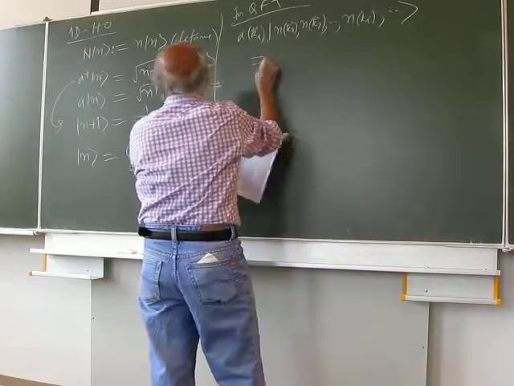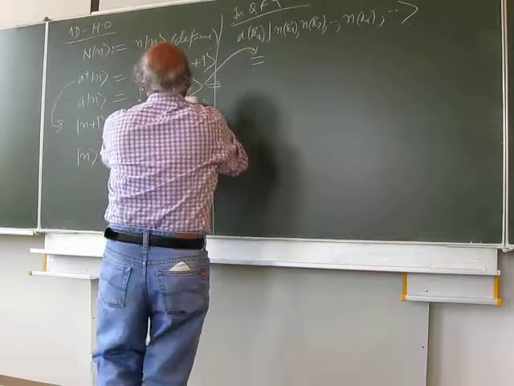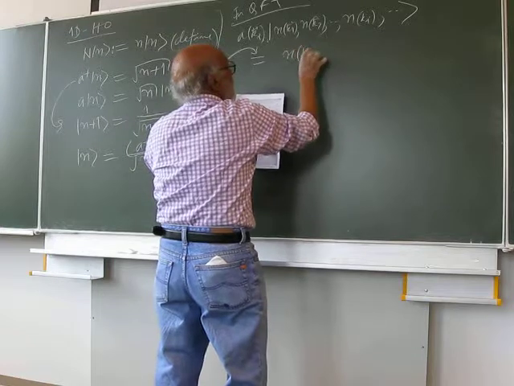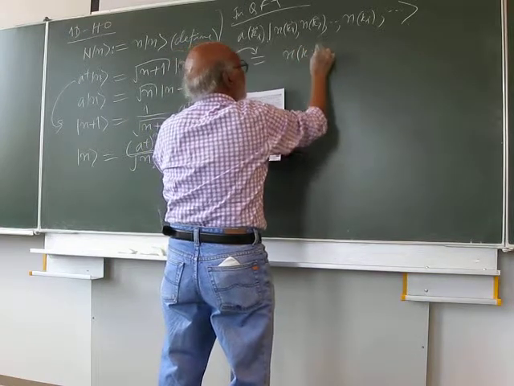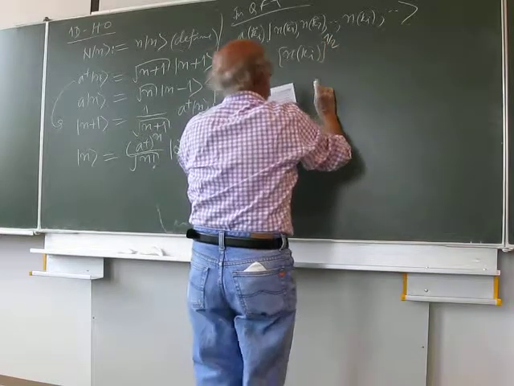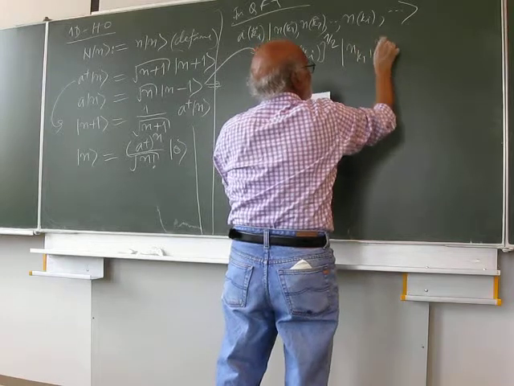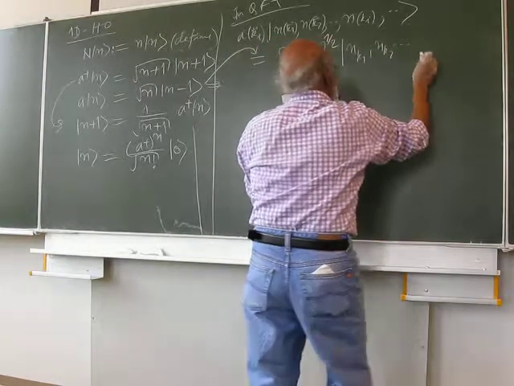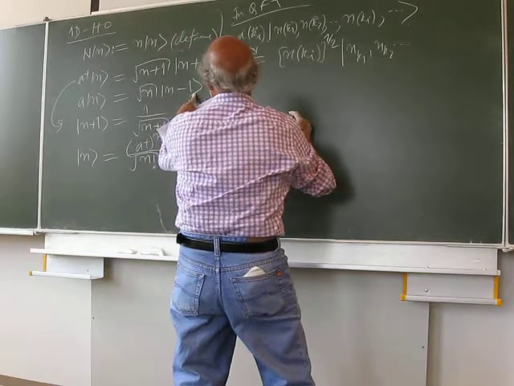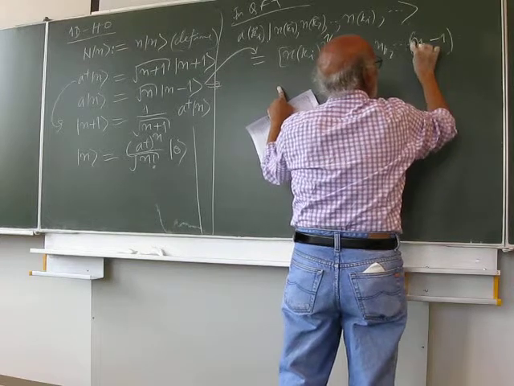This should give me the square root of n of k_i, times this same state n of k1, n of k2, but with n_{k_i} minus 1 here.